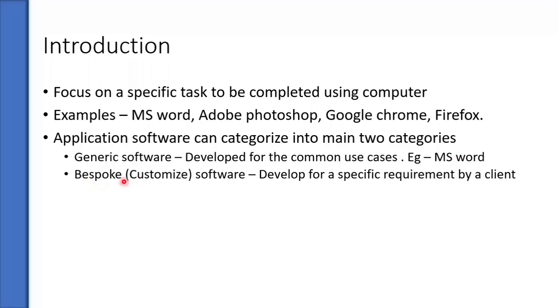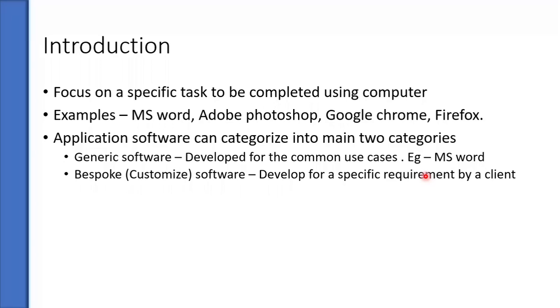Now, the other application software category is bespoke software, or customized software. It's developed for a specific requirement by a client. That means a software developed only for a specific client. We will give an example.